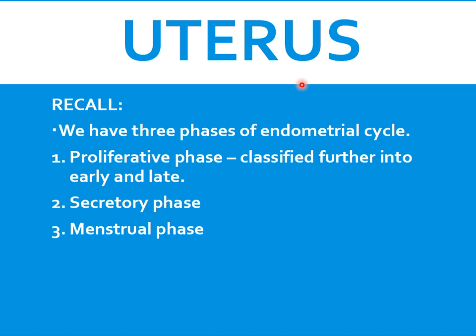So, meron tayong tatlong phase. Number 1, proliferative phase, which is pwedeng early or late proliferative phase. Second is secretory phase. And lastly, your menstrual phase. And after that, babalik na naman sa proliferative, secretory, and menstrual. Ano yan? Cycle yan. Kaya tinawag na endometrial cycle.